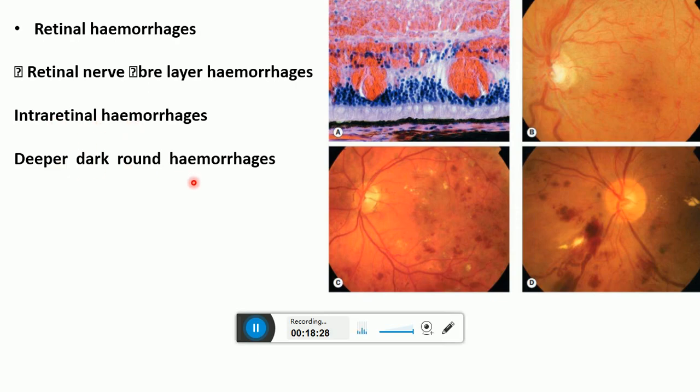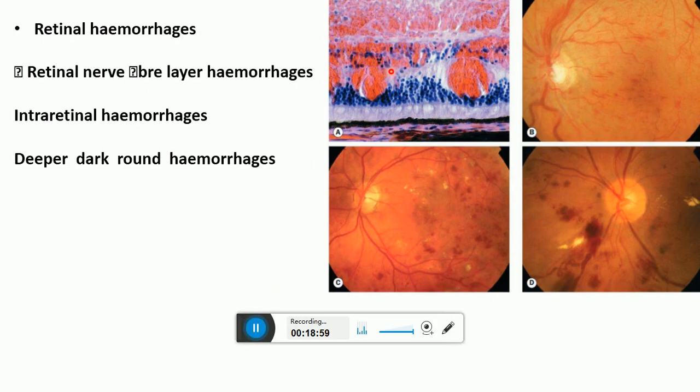The first is retinal nerve fiber layer hemorrhages, which arise from the larger superficial precapillary arterioles and assume their characteristic shape because of the architecture of the retinal nerve fiber layer. So these are retinal nerve fiber layer hemorrhages.